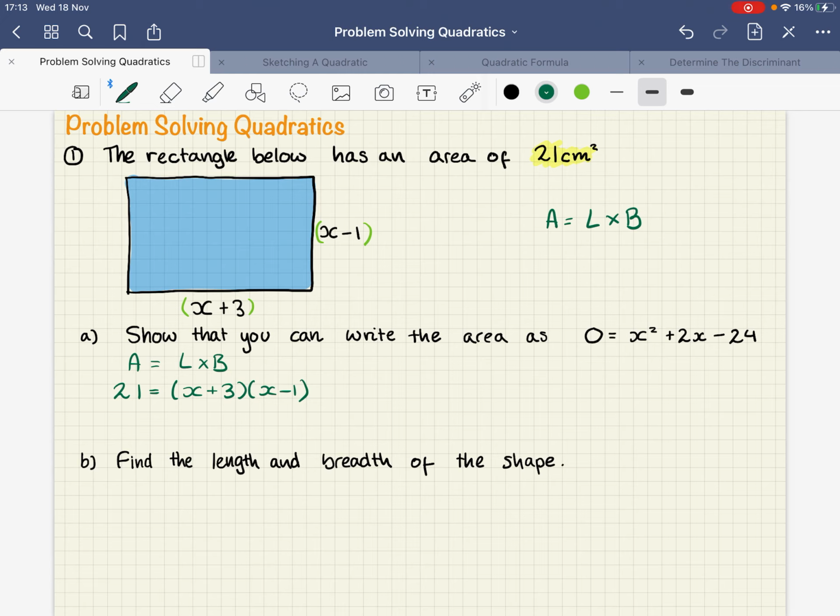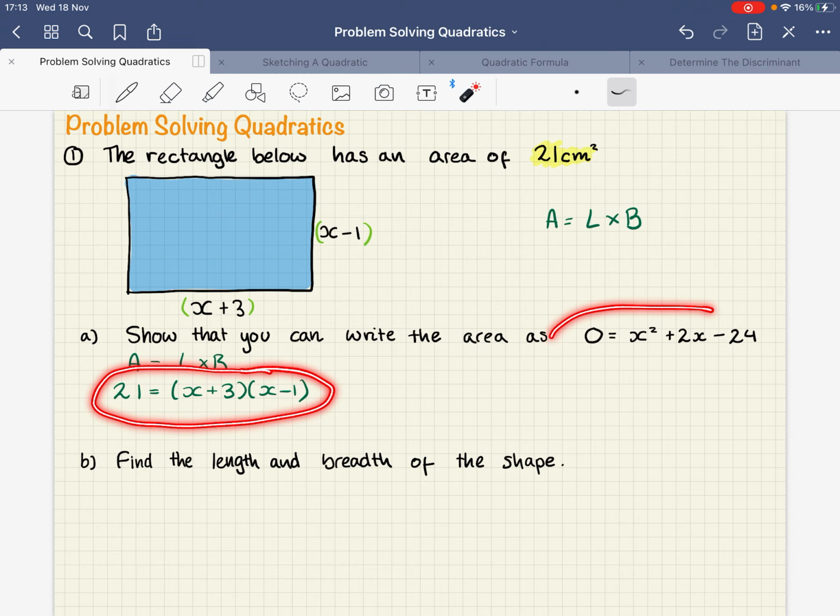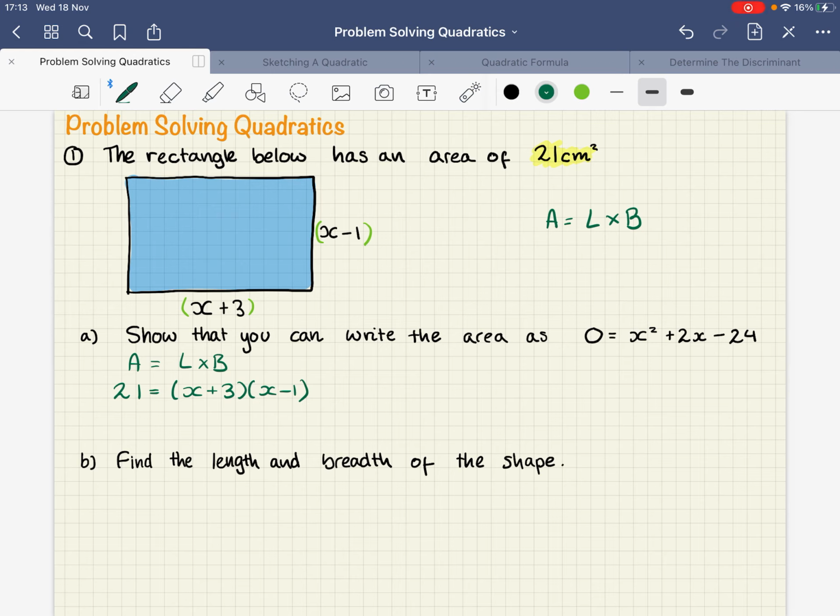The next thing I would do is look at my answer. What do I need to start doing to make this answer look like this? The key thing I can notice in my end goal is that there's no brackets. So that's giving me an instant hint that I need to expand those brackets. So that's what I need to do now.